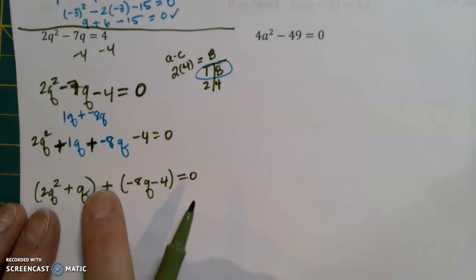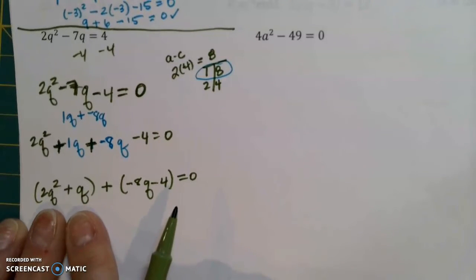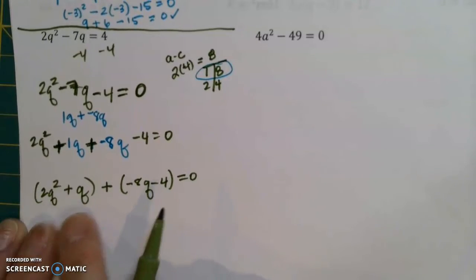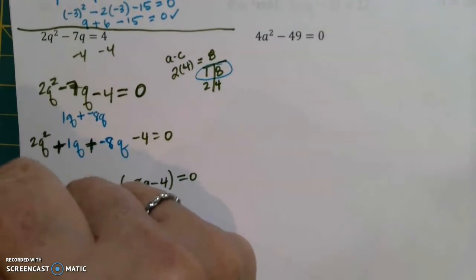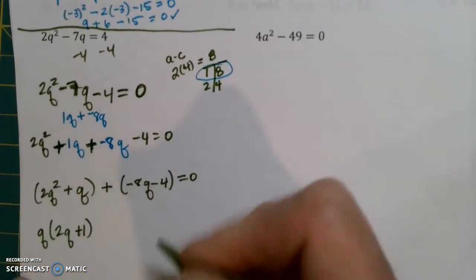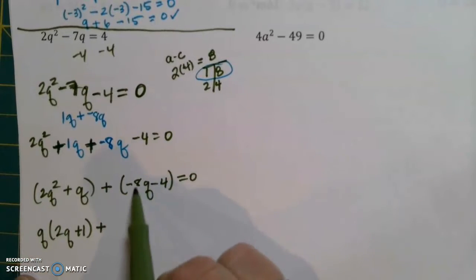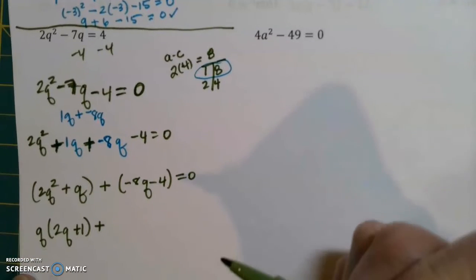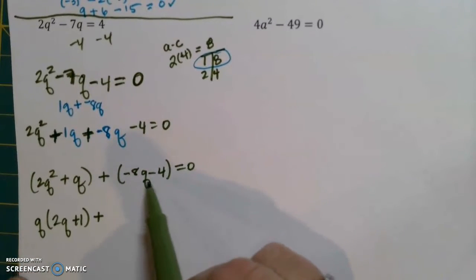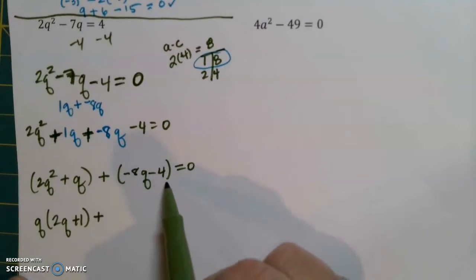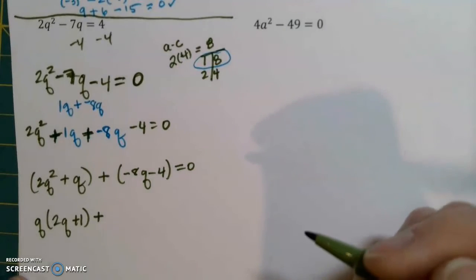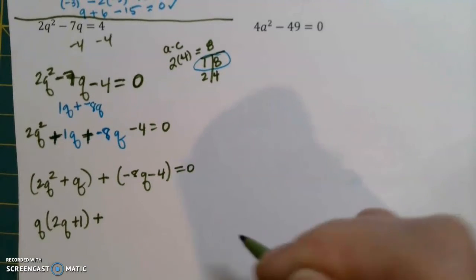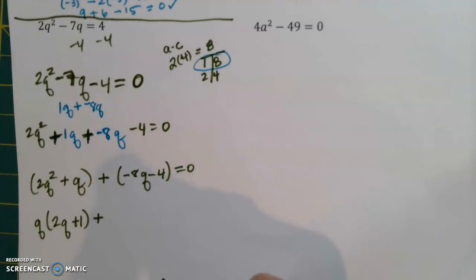And now that I'm just looking at pairs, I do have some greatest common factors. So I can factor q out of that pair, leaving behind 2q plus 1. And then with this second pair, I am going to want to factor out at least 4, right? And then you need to make the decision about whether 4 or negative 4 would be the most useful.